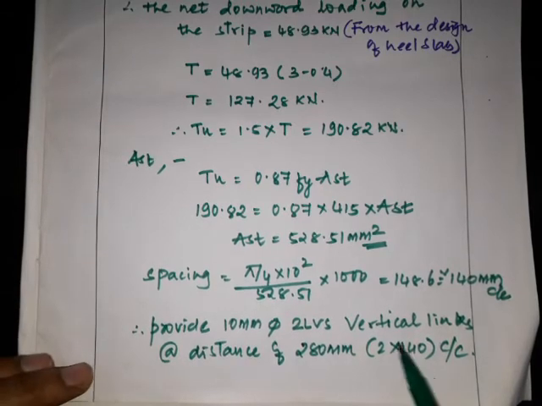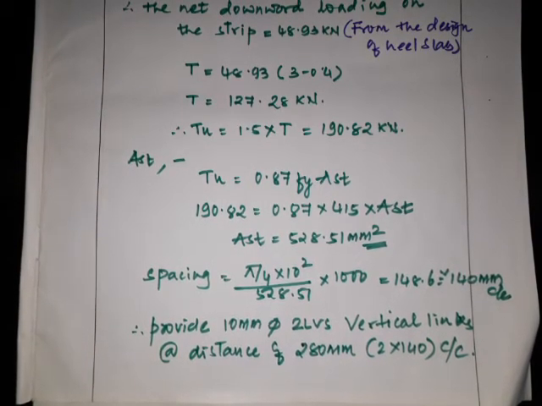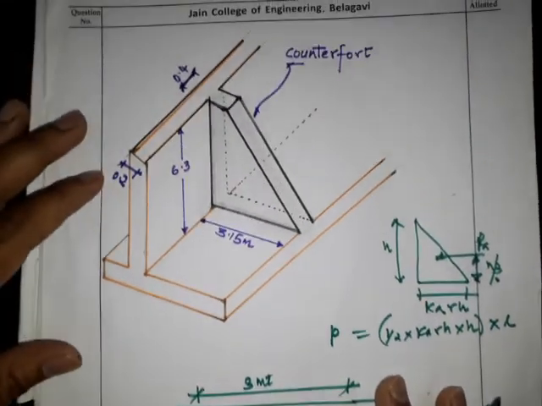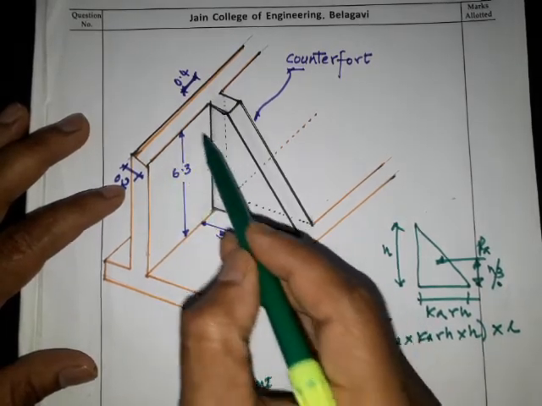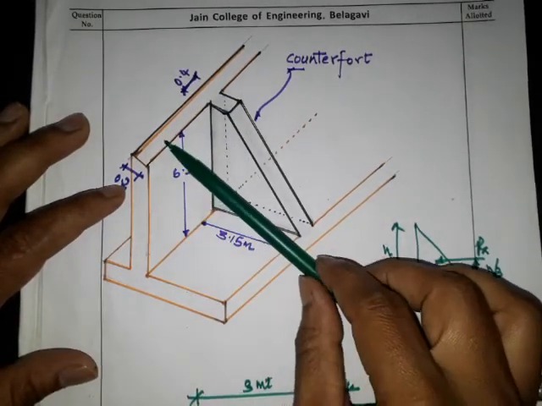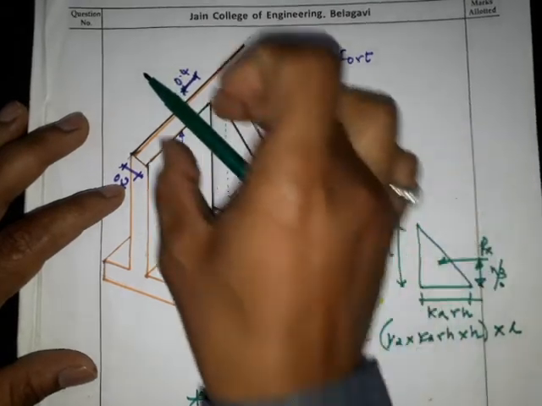Correct. Now this is very important here, vertical links. When you provide connection between the counterfort and heel slab, we have to provide vertical links. But when you provide connection between the counterfort and stem, we have to provide horizontal links to connect these two.